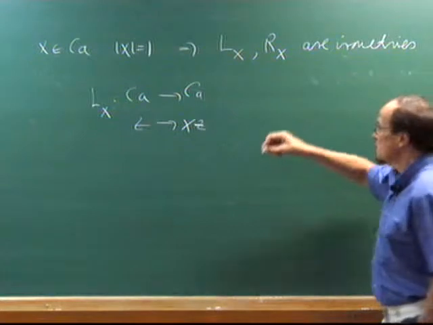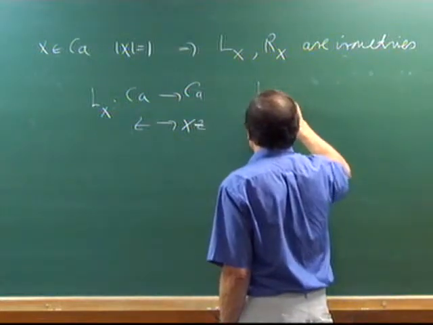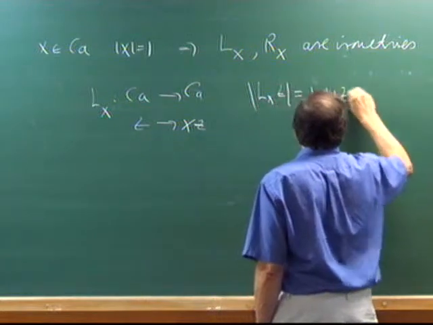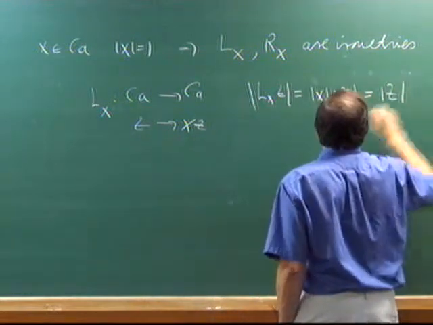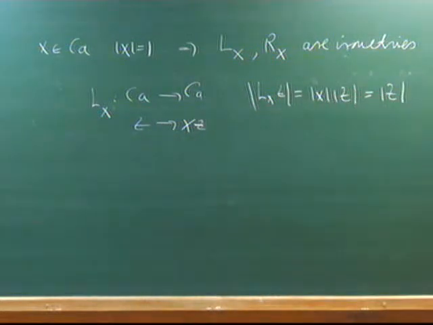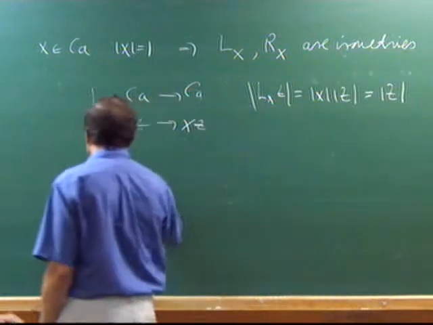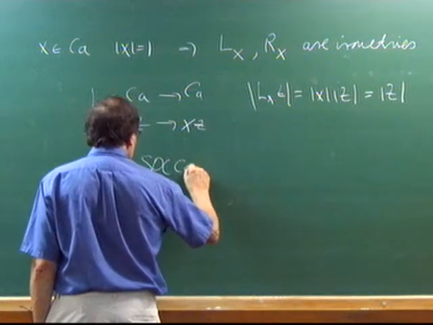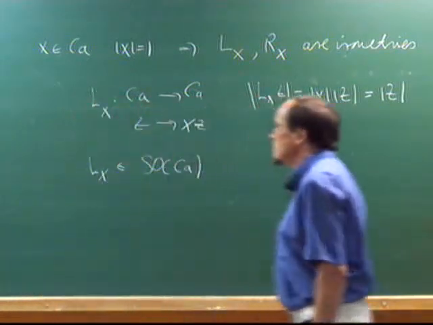And of course, this rule says that L_x z has the same length as length x times length z. Since x is unit length, it's the same as length z, so it preserves the norm, and therefore it's an isometry.